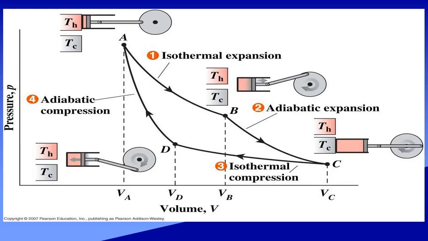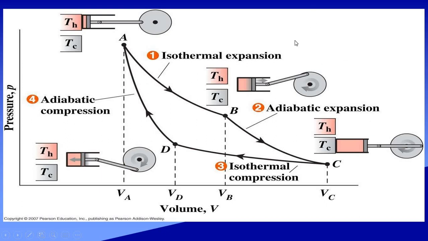This is the PV diagram which represents the Carnot cycle. We have seen that you have two isothermal processes and two adiabatic processes. The first one is 1 to 2, or A to B. This is isothermal expansion, where the temperature remains constant.